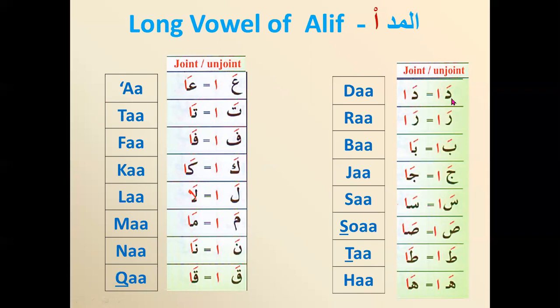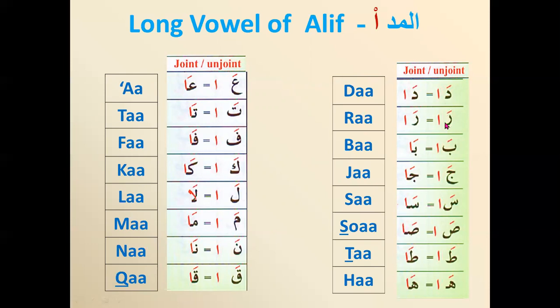Now, in letter dal, fatha, then alif, sukun, we cannot connect the dal after it. So that is why the alif is written separately. It's not connected to the dal. Also the ra, the same.